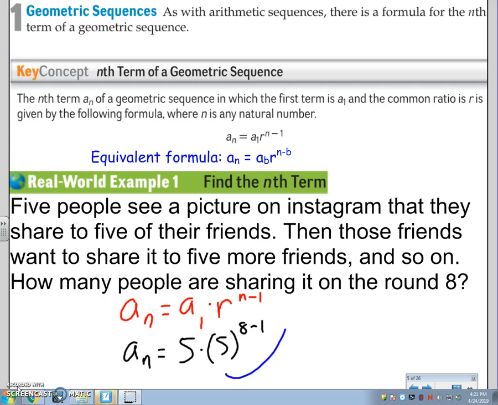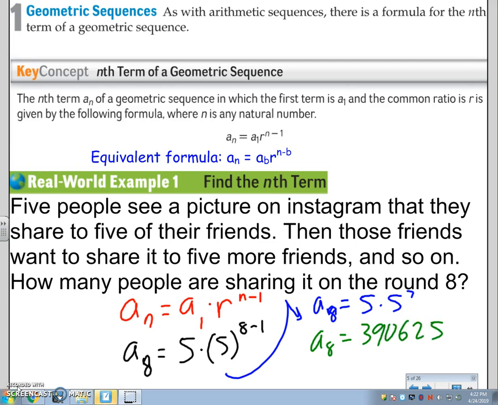So that is really a sub n, or a sub 8 really, equals 5 times 5 to the 7th power. You can type it in your calculator, and you get your answer, a sub 8 equals 390,625.